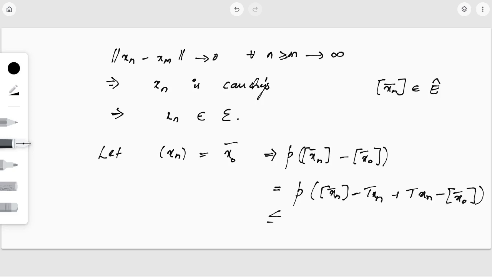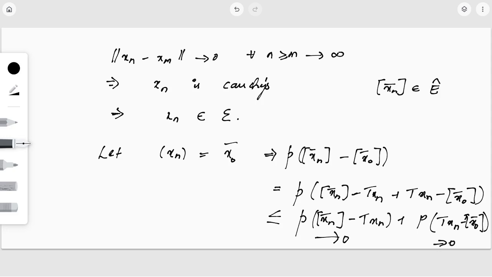Okay, and by the property of norm we have P of xn cap minus Txn plus P of Txn minus x dot bar. Now we know that this is tending to 0, Txn, and x dot bar is none other than, actually it is xn bar itself. So we have this also tends to 0.